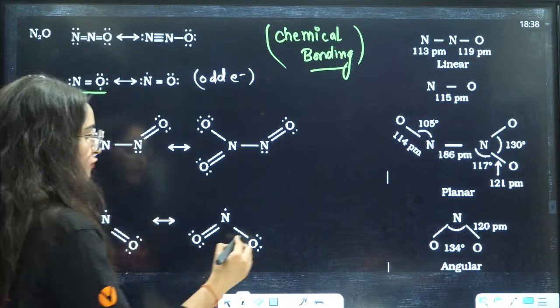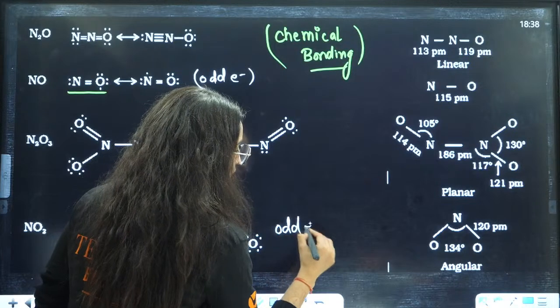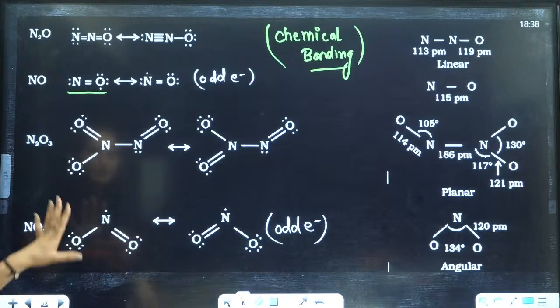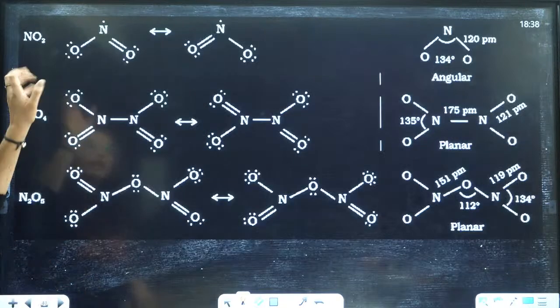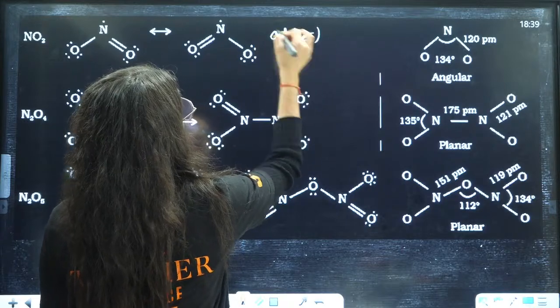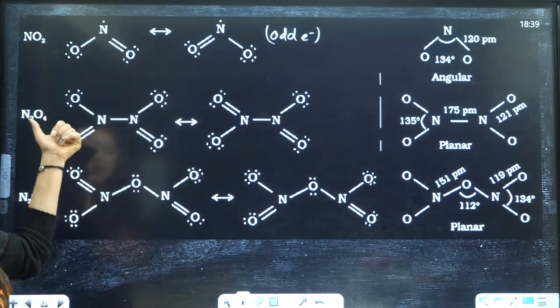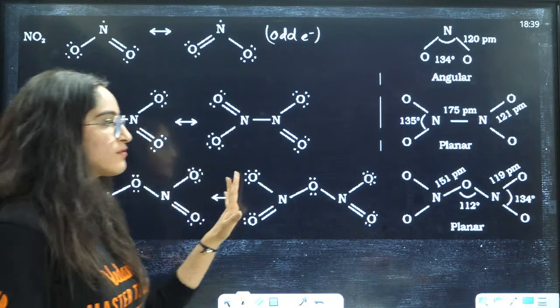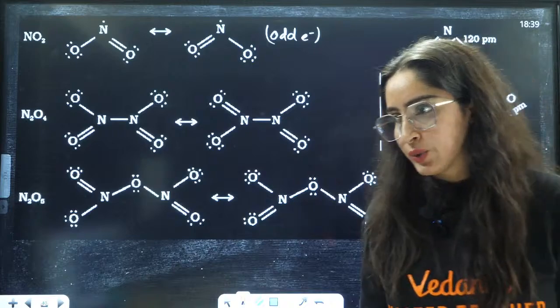Here also you have odd electrons, so this also can be asked to you. N2O3, very important. NO2, again it has an odd electron, it can be asked. Then you have N2O4, then N2O5. So these all are very, very important for you, right?